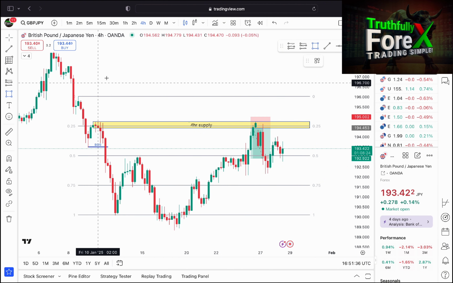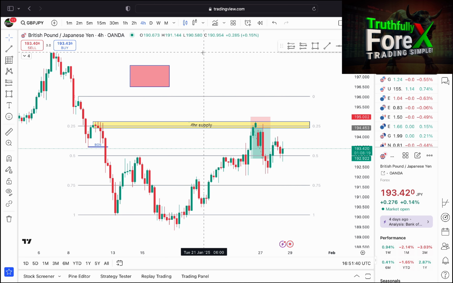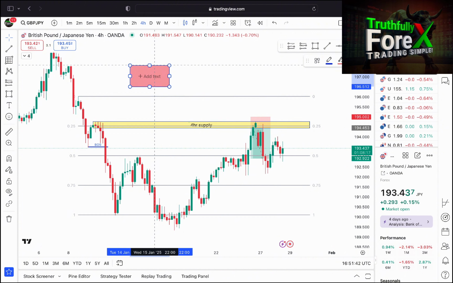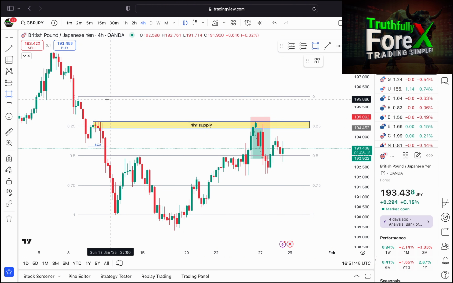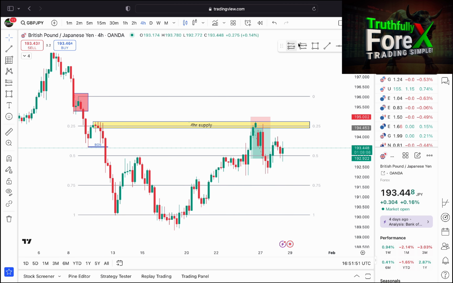Either way, we'll use a square. Let's just change the colour of this. I started from here, then drag the Garn box down to this leg down here.